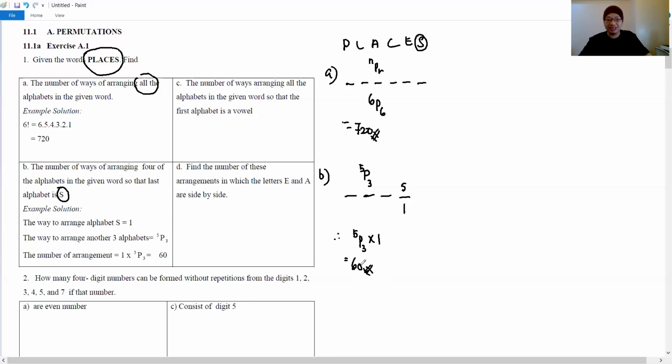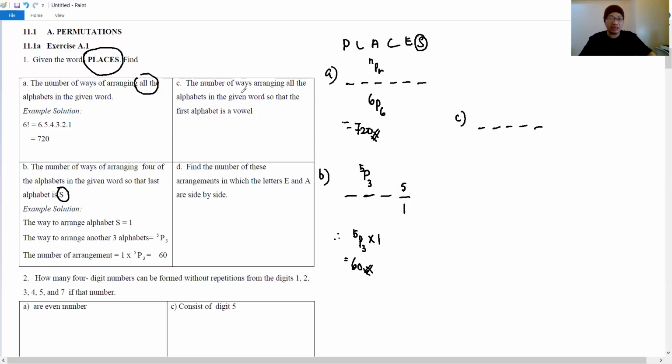Okay, we got a restriction here. How about C? Question C: the number of ways to arrange all the alphabets in the given word so that the first alphabet must be a vowel. What does that mean by vowel? Firstly, we write down the available places.